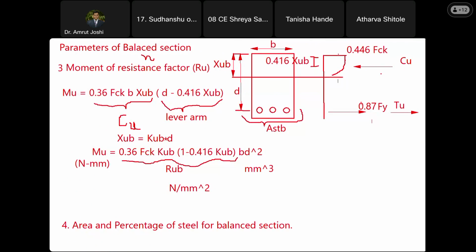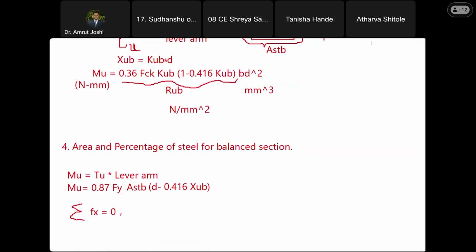TU is towards right, I will give a positive sign. So the forces acting on the cross section are CU, which is negative, plus TU, which is positive. This must be equal to 0. So that means CU must be equal to TU.